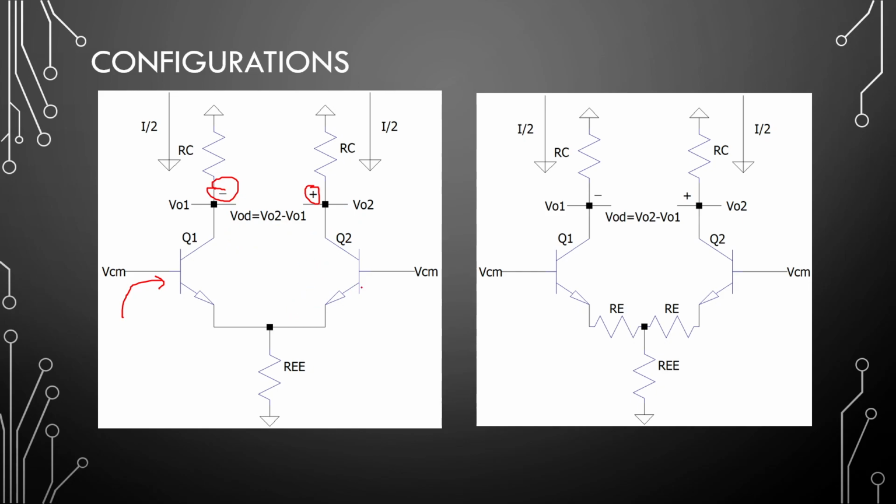So onward from here, we will look at two configurations, and that is with and without the emitter resistor, and we will also be looking at fully differential and single-ended outputs for these amplifiers.